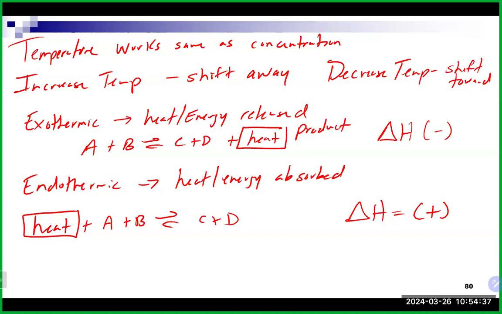And really the opposite effect will happen in an endothermic case versus an exothermic case. If we increase the temperature of an endothermic reaction, it will shift away from the reactant side towards the product side, and we make more products. And if we lower the temperature of an endothermic, it will be like removing reactants, and it will come towards the reactant side. Any questions on that there?